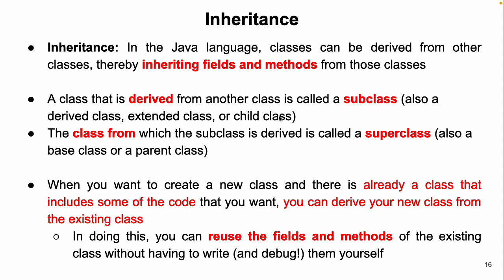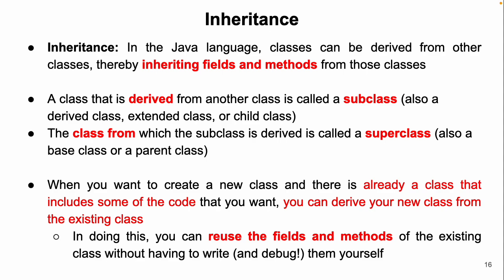This we already know. And the class from which the subclass is derived is called a superclass, parent class or base class. Why we are doing inheritance in Java programming is, if you already have some code in a class and we are creating a new class now, we need not write the code from scratch.